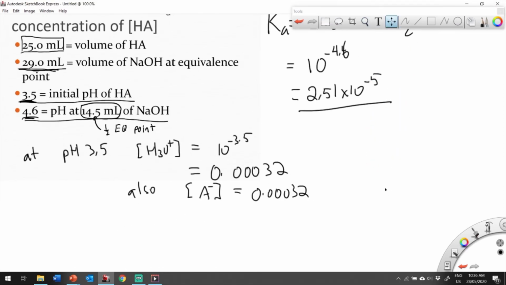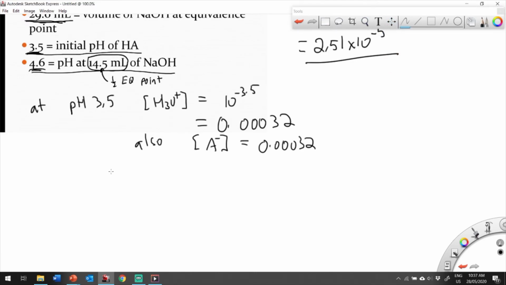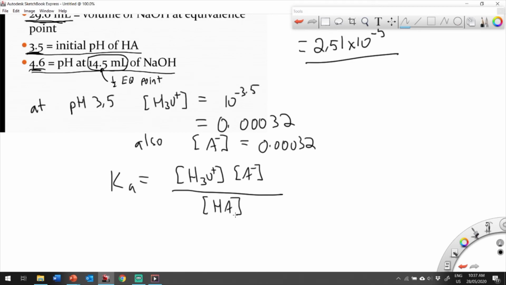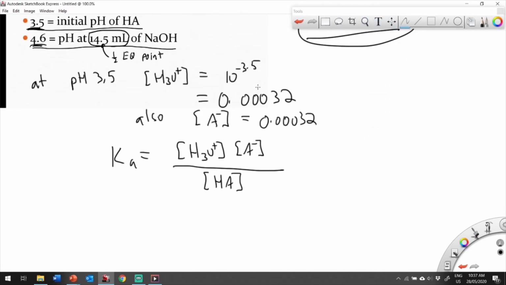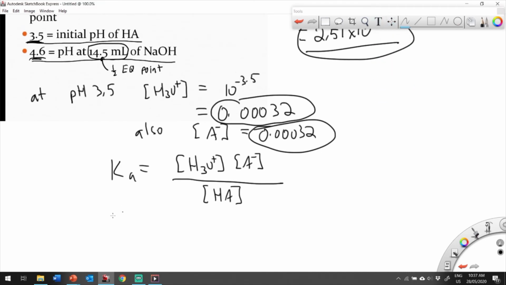And then we can calculate Ka as follows: concentration of hydronium times concentration of A minus divided by the concentration of the original weak acid. We know Ka from the previous calculation, and we know the concentrations of H3O plus and A minus. So we can simply rearrange the equation to solve for HA.